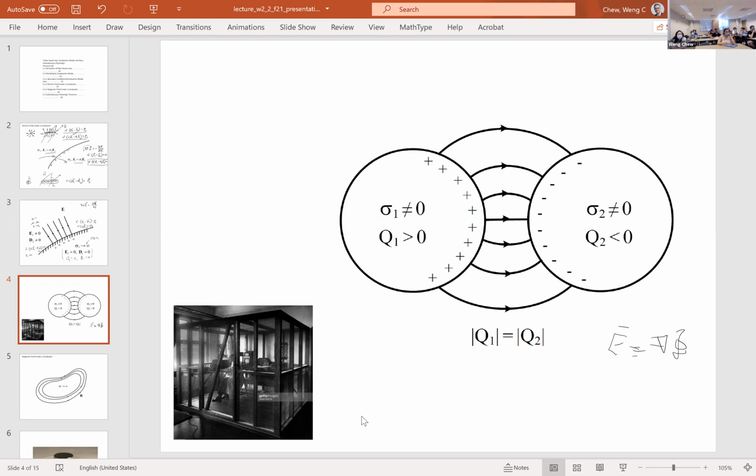The object has to be at equal potential, and there cannot be any electric field inside. If you have an equal potential surface, equal potential object, the electric field is zero inside. So in addition to having charges moving to the surface, you can safely say that E1 is equal to 0 and E2 is equal to 0.